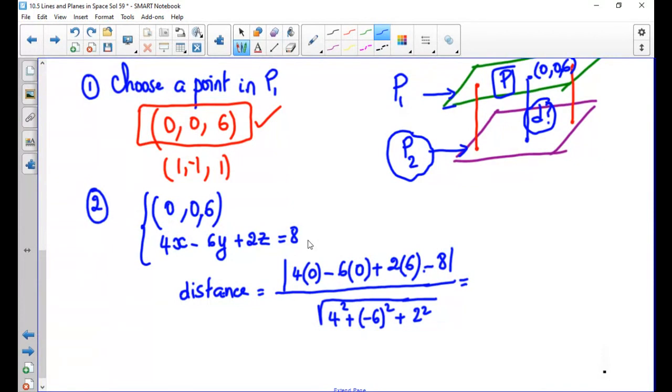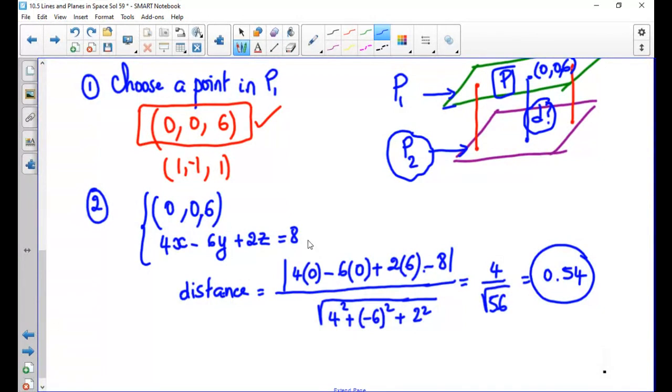I hope you all understood what we did here, yes? The numerator is basically 4, the denominator is the square root of 56, and that should give you a little bit more than 0.5. 0.54, yes, 0.54, centimeters or whatever the units are.